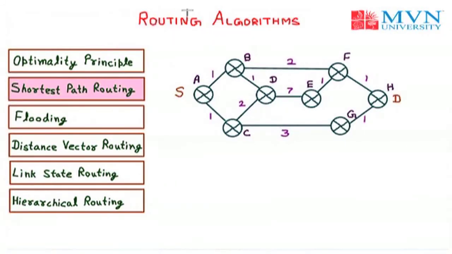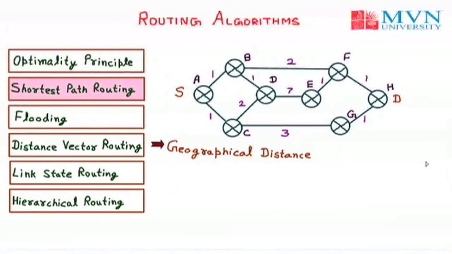In shortest path routing, the first main principle is to find the shortest path, but the shortest path will be based on different parameters. The first main constraint is geographical distance. In geographical distance we find the shortest path from source to destination based upon the distance covered, like A to B is 1 and so on.